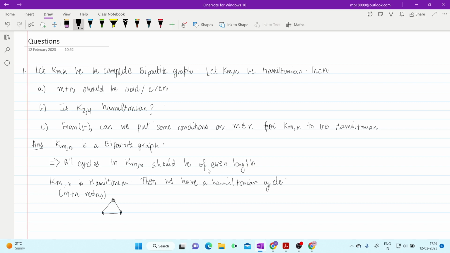Now Kmn is Hamiltonian, therefore we have a Hamiltonian cycle consisting of all the vertices. And how many vertices do we have? We have m plus n vertices. Therefore m plus n should be even. Is it clear to everyone why m plus n should be even?